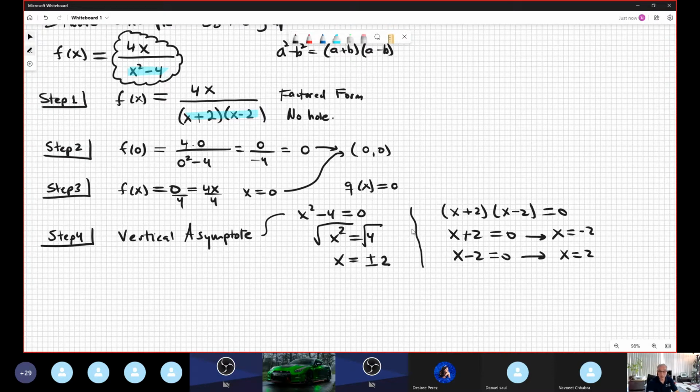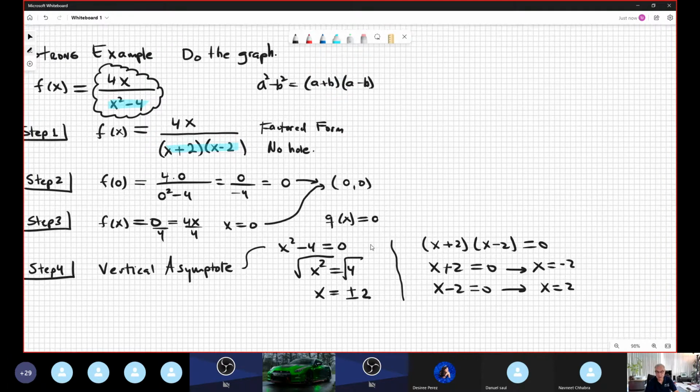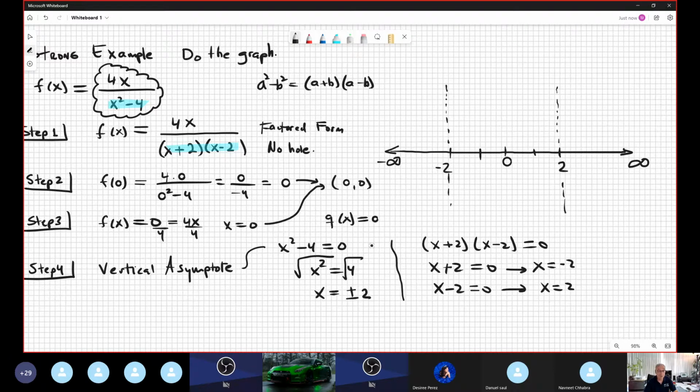Okay, and this is, in my opinion, a super important moment in which you are doing the sketch. The rough sketch by hand, in which you have all real numbers, and we have two asymptotes, negative 2 and positive 2. Suppose this is 0, 1, 2, 1, 2. We have one vertical asymptote at negative 2, and we have another vertical asymptote at positive 2, and we have at 0 the intercept.